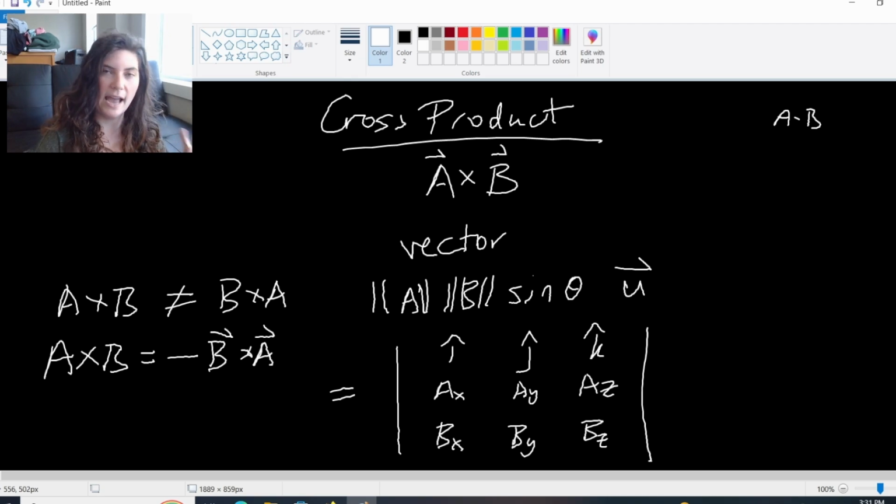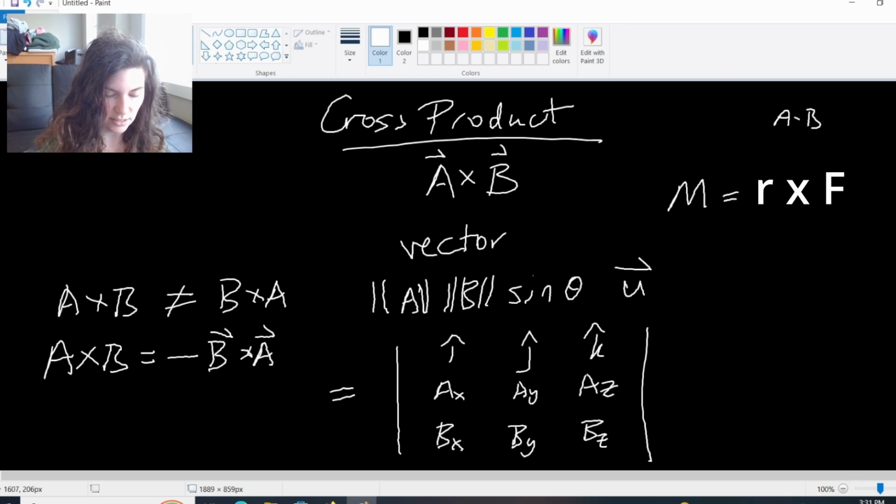And the reason we care about this cross product at all is because we're going to use it in our moments. So the moment is the force vector crossed with the position vector r. Before, we had seen the distance d, the perpendicular distance d.